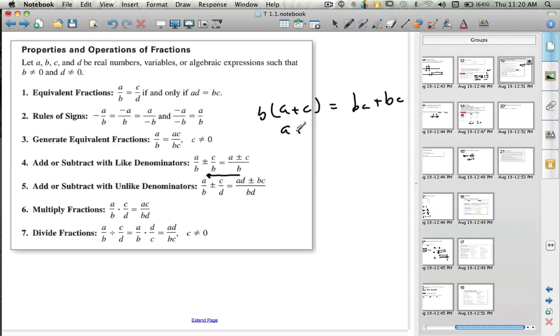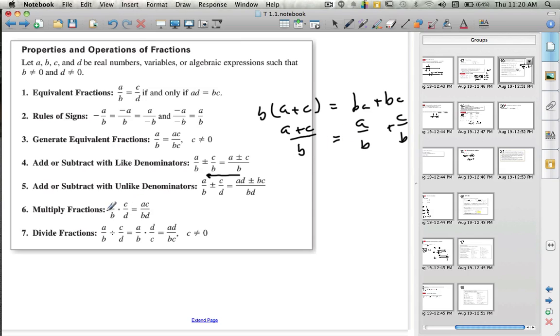Equally, if I have a plus c divided by b, that's going to be a divided by b plus c divided by b. So if I have to multiply each term in the expression by the distributive property, equally I would have to divide each term in the expression also using the distributive property.